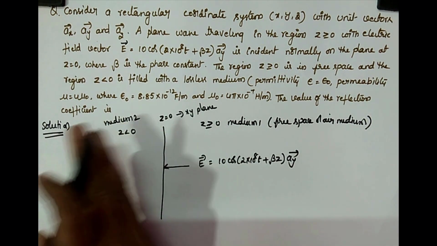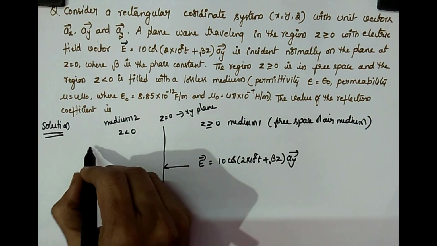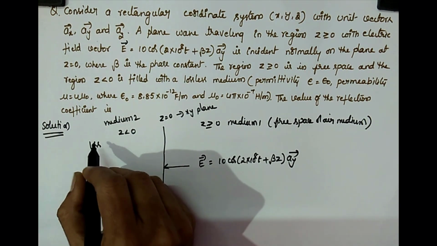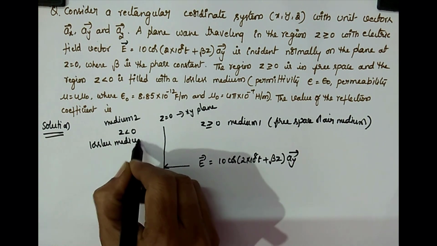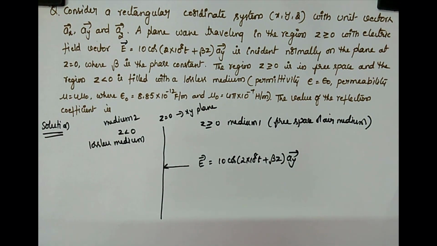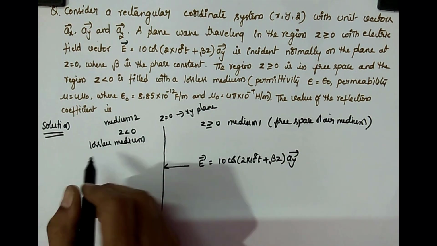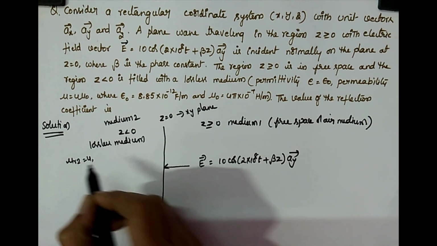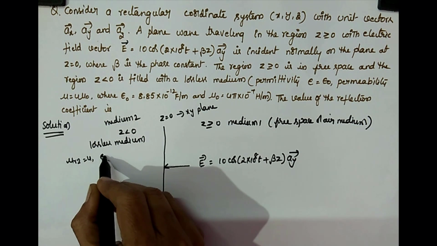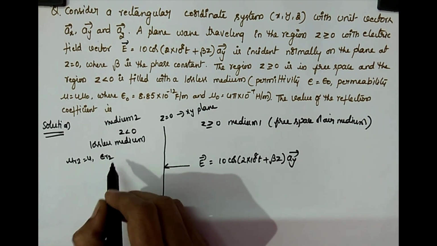And z < 0 means medium 2 is a lossless medium, with μr2 as 4 and εr2 as 1.